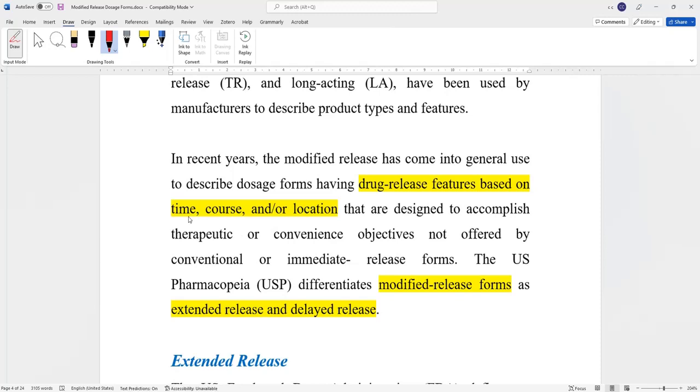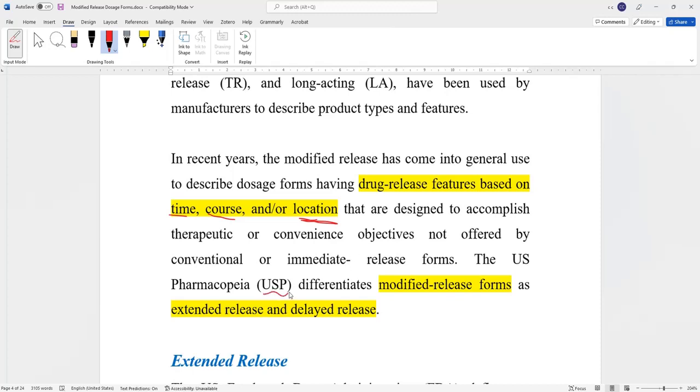For example, it goes to the acidic stomach, then to the less acidic intestine, etc. Or based on the location, a certain specific place, for example the duodenum or the small intestine. So the drug release features are based on these three things.